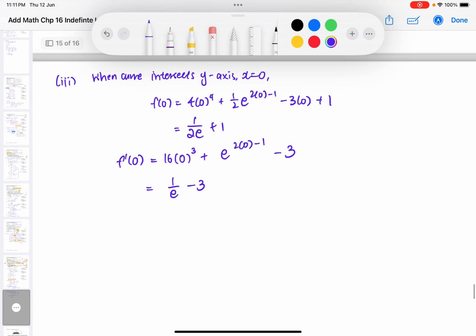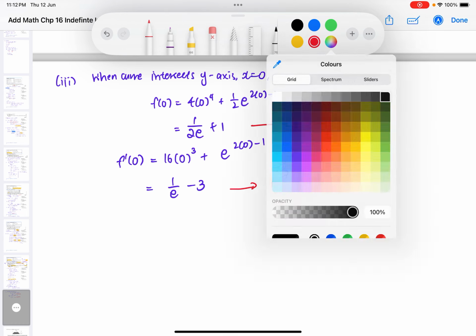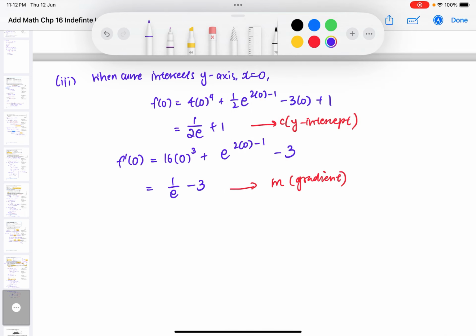Okay, so I have my gradient. This is my m, my gradient. And this is my y-intercept, my c. So I can now write it into the equation of a straight line, the equation of a tangent.